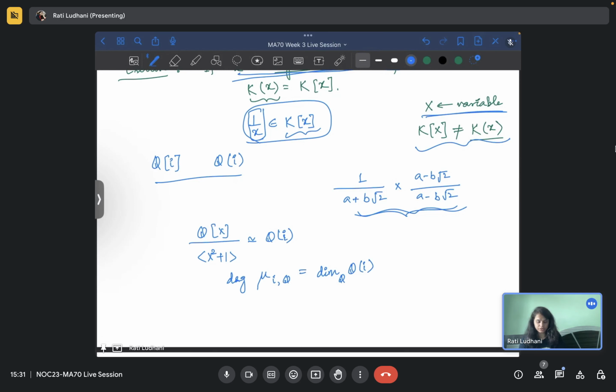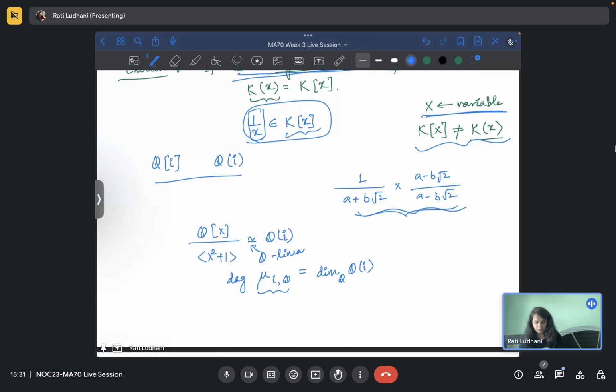Why is this true? Because these are isomorphic as Q vector spaces, so the dimensions should be equal.